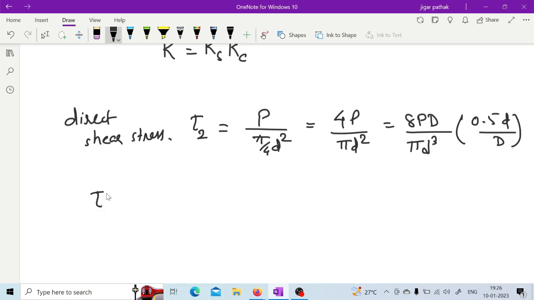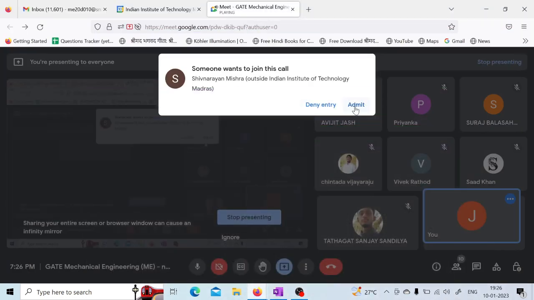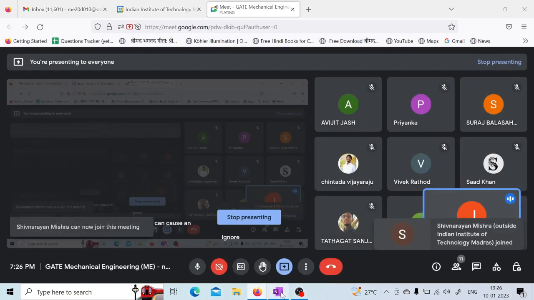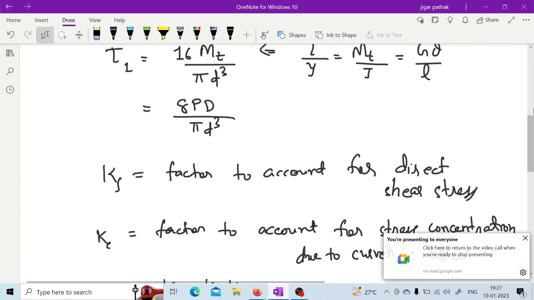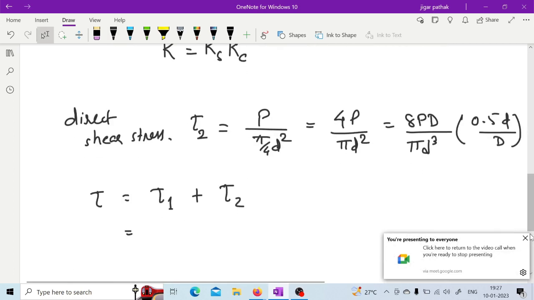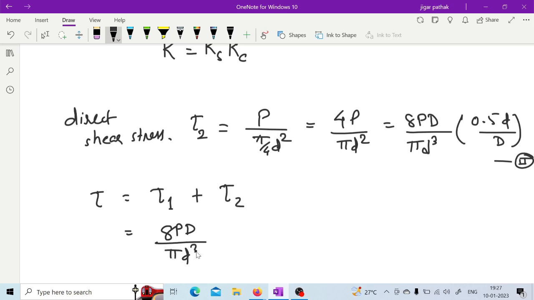Because in order to calculate the total shear stress, we need to add this tau 1 plus tau 2, and as you already know, that tau 1 we have derived as this 8PD upon pi d cube, right? As you can see here, if you say this as 1, and consider this as 2, then you can add both of these, each having 8PD upon pi d cube.